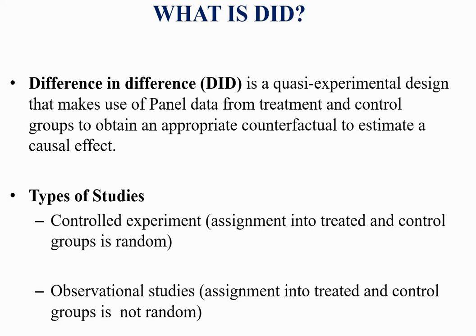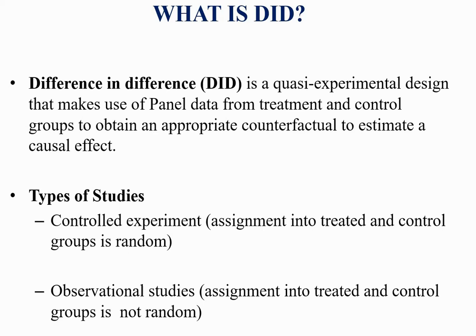So this is a typical example of a quasi-experiment. So in this case, we can use a DID design to assess the impact of the training program on staff performance. So that is what we mean by a quasi-experimental design.